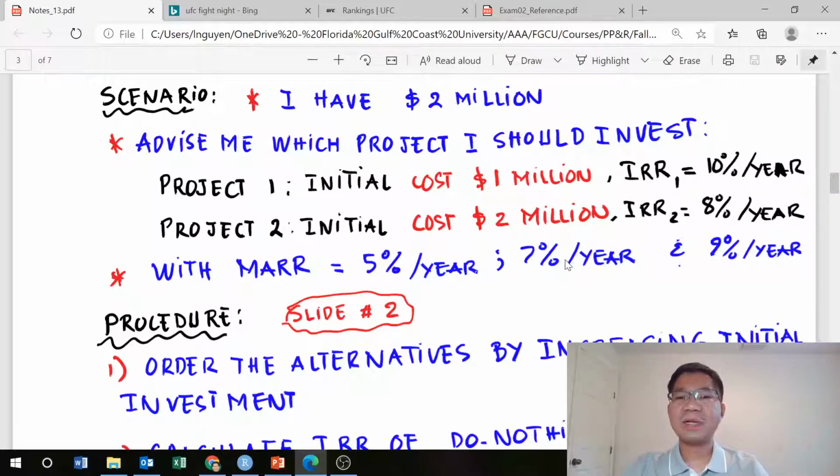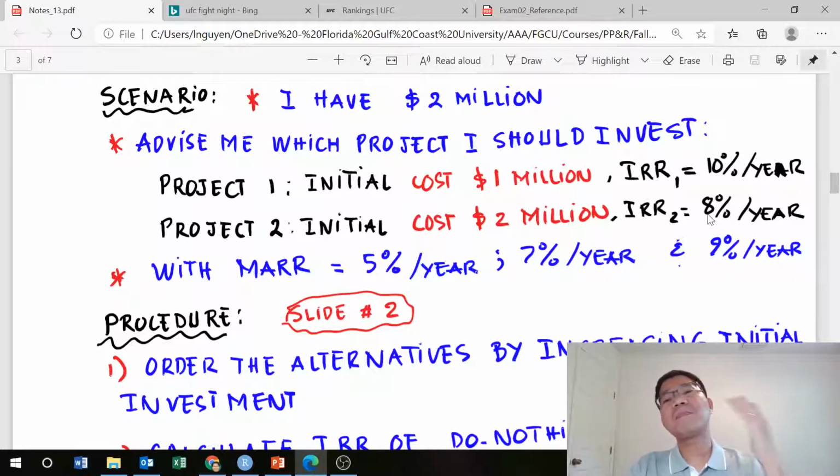Then with 7%, I get 70,000 more, so 170,000. So if I go with project 1, I get 100,000, plus my 1 million at the minimum attractive rate of return, 70,000. I get 170,000. Project 2, I still get 160,000. So it's better to go with project 1.